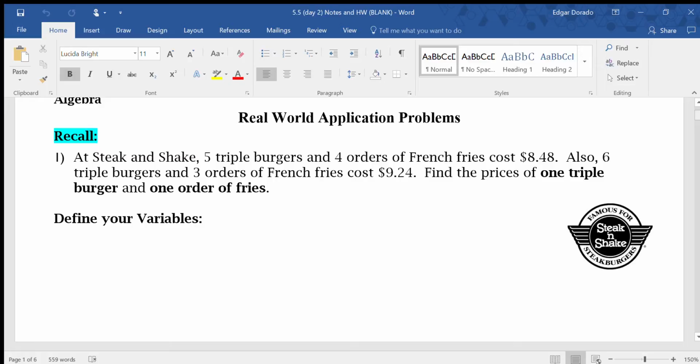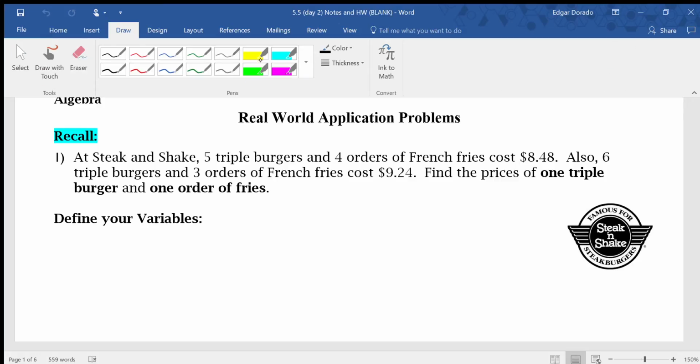All right, it's asking to find the prices of one triple burger and one order of fries. So that's exactly what we're going to use for our variables. My triple burger will be my x, my fries will be my y.